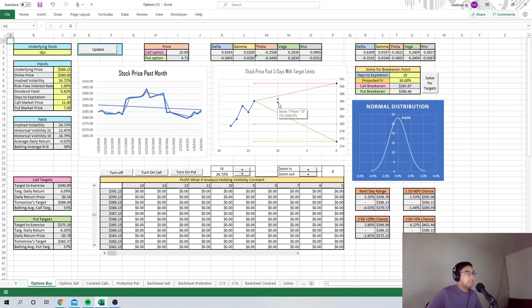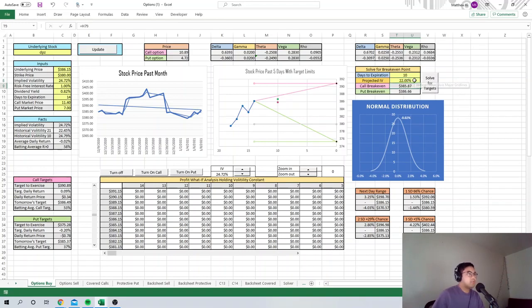But the likelihood of that happening is kind of low, because unless something happens in the market that we don't know about, or to Domino's Pizza, we don't really know. So it's a safe bet that it's going to go, maybe not in a linear fashion, to a lower number.